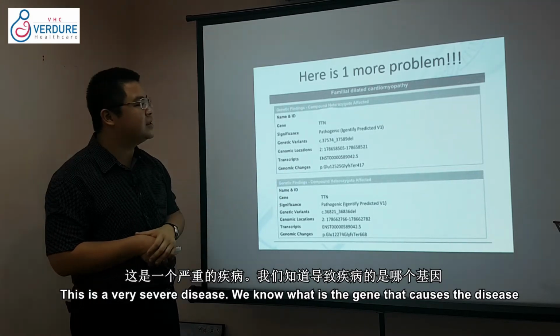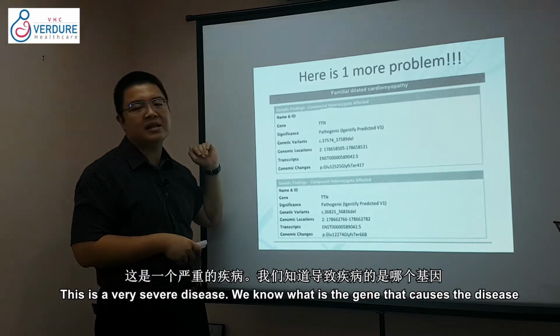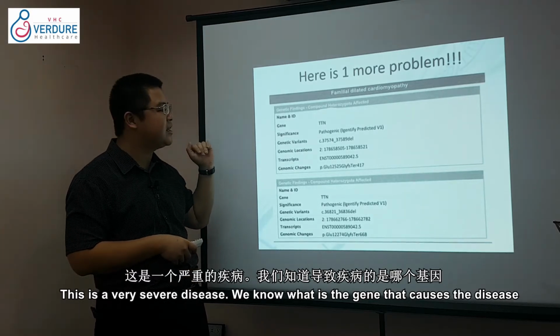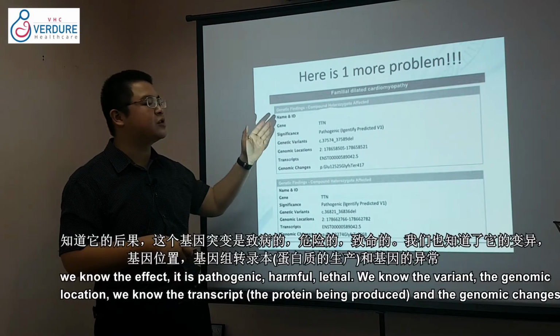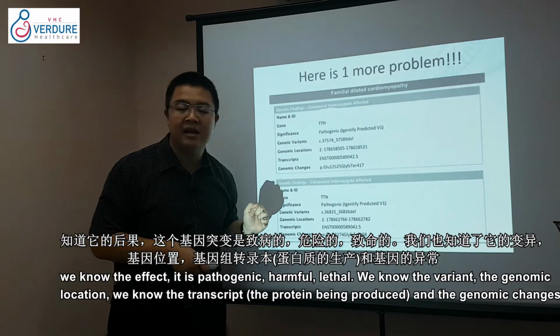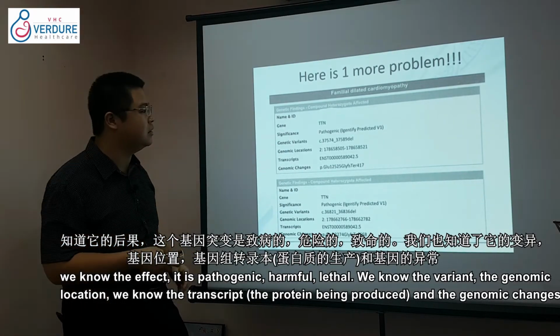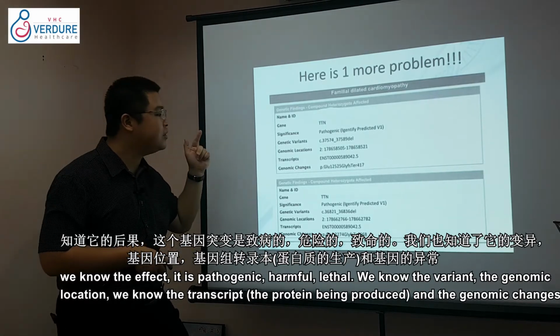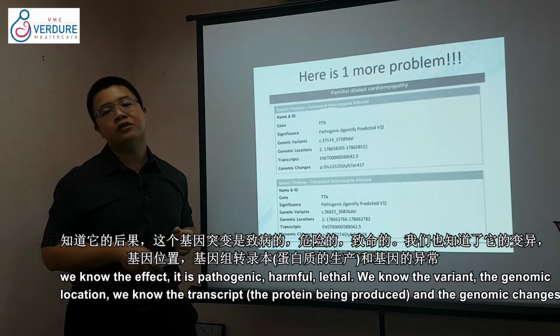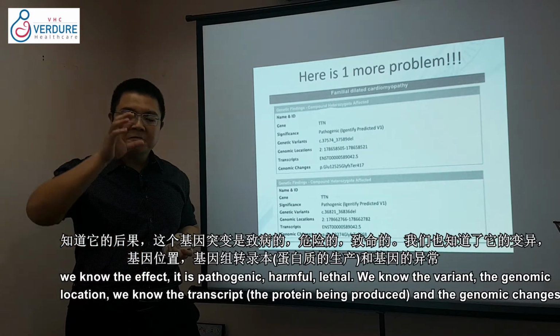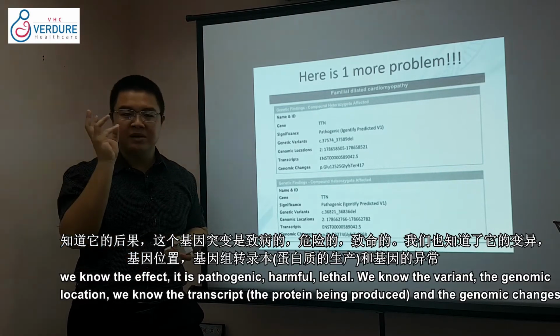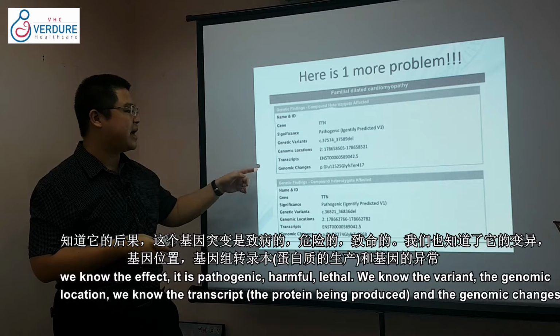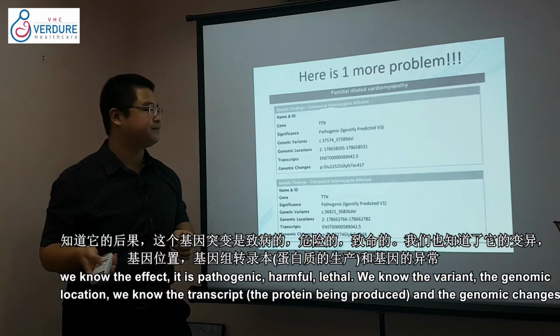Most importantly, we know the gene that causes this disease. We know the effects, so we confirm that this is pathogenic, it is harmful, it is lethal. We know the variant, we know the genomic location, we know the transcripts. Transcript meaning the protein that is being produced, okay? And of course the genomic changes.